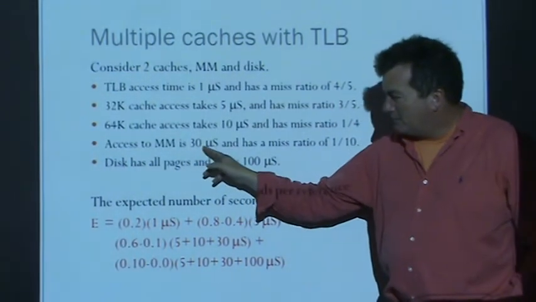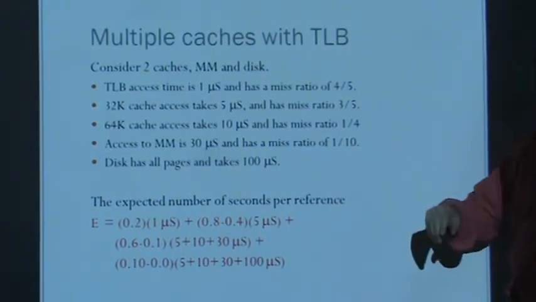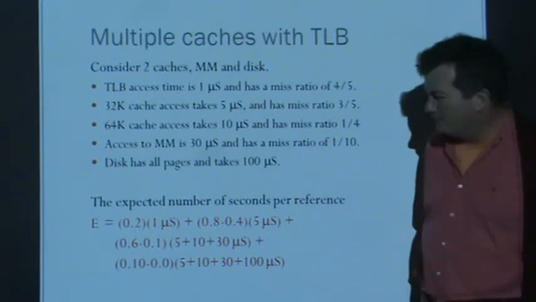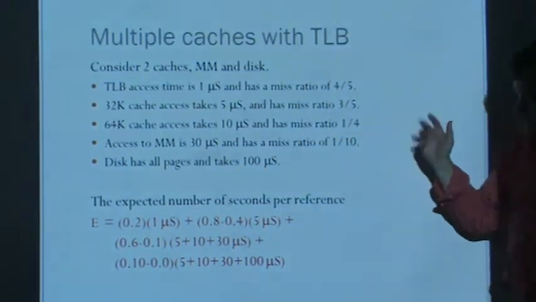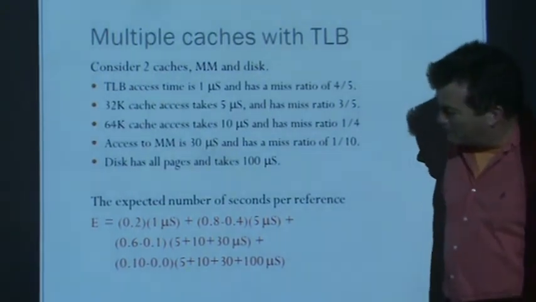Main memory takes 30 nanoseconds and misses 10% of the time, so what we're looking for is there 90% of the time. And the disk has all the pages, and the disk drive again takes 100 nanoseconds. So what would be the expected amount of time?